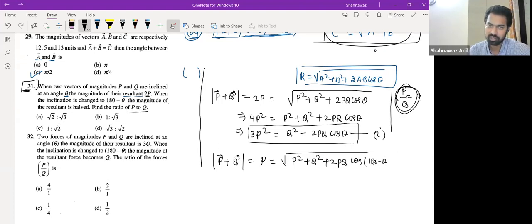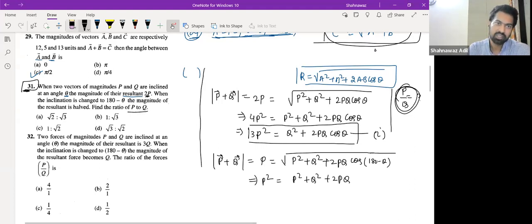Right. So when we square, this would be P square equals P square plus Q square plus 2PQ cos 180 minus theta. Cos of 180 minus theta is how much? Minus cos theta. So this would be minus of cos theta, right?